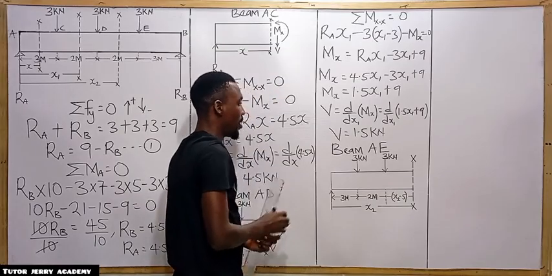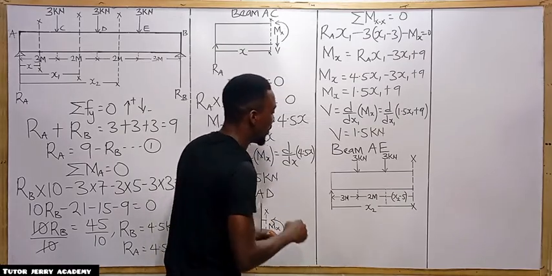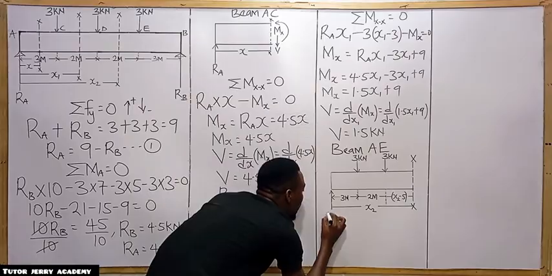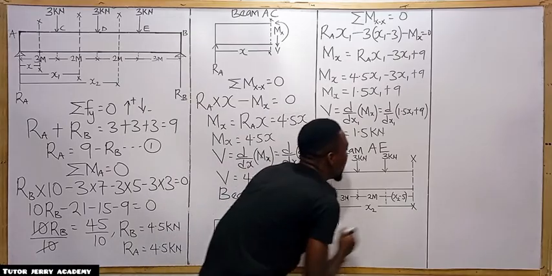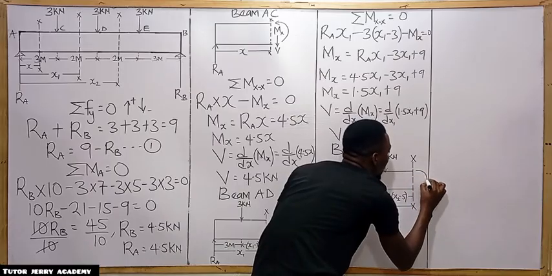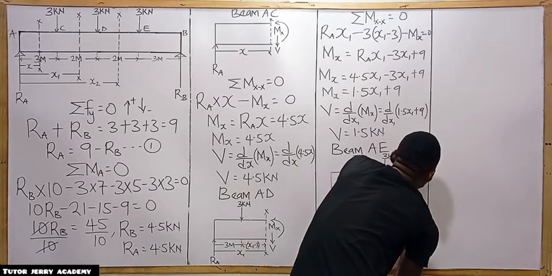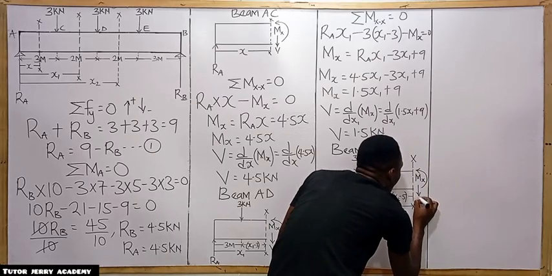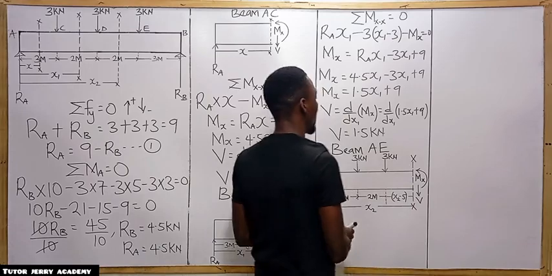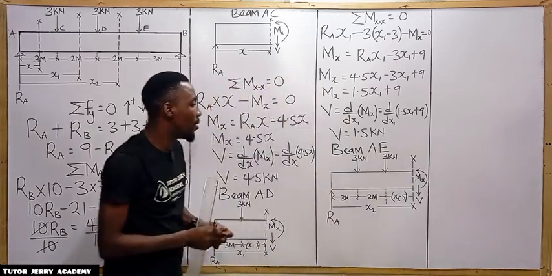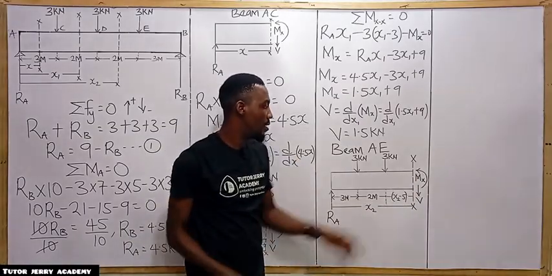Now we are going to do the necessary things. Here we have our reaction at A, and here we are going to have moments, and we are going to have a shear force. All right, so that's it. Now we are going to take our moment about these points.